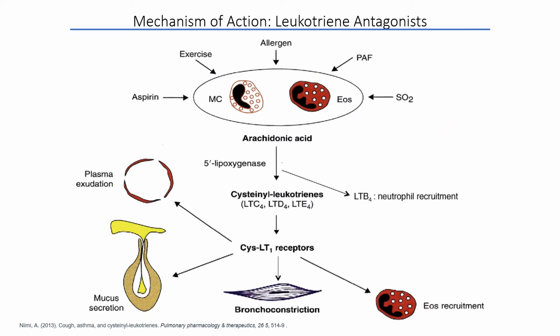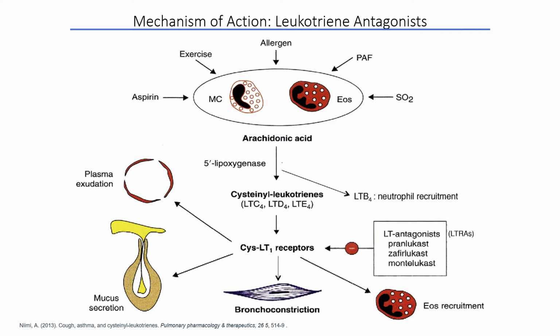Let's now move on to the leukotriene receptor antagonists. Upon administration, drugs such as zafirlukast or montelukast selectively and competitively bind to and block the cysteinyl leukotriene 1 receptor, thereby preventing the potent pro-inflammatory mediators leukotrienes such as LTC4, LTD4, and LTE4 from binding.